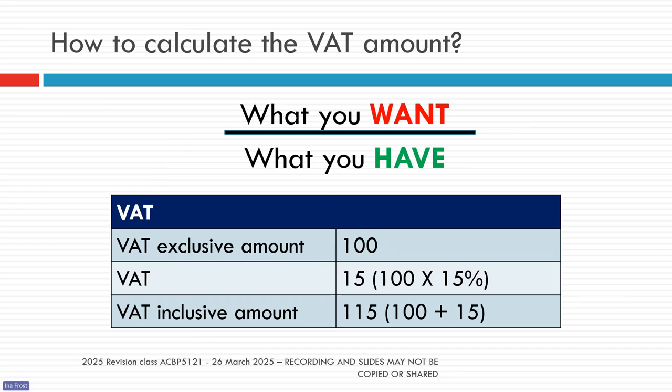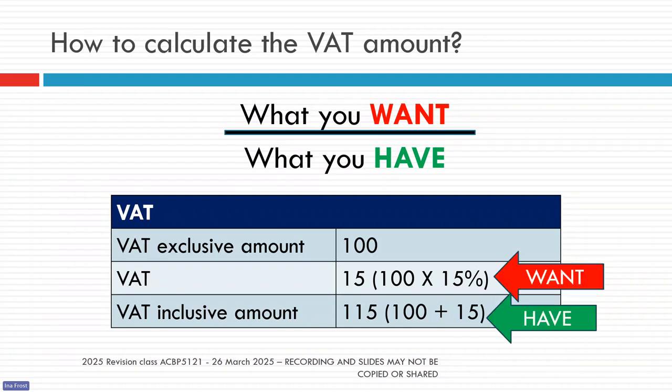Again, we can use our formulas. We can go back to what do I want over what do I have. What do I want in this instance? I want to know what is the VAT. What do I have? I have the amount including the VAT.